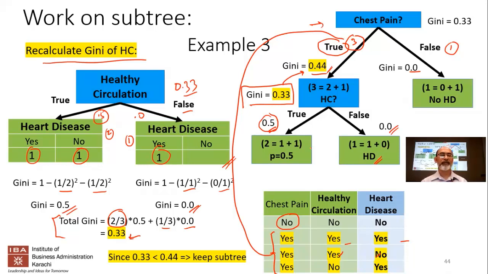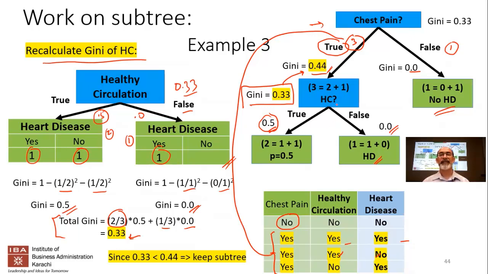So when will we actually use this? The point is that, let's take a look at the full results and then get back to your question. So basically what we're saying is that over here, we started with chest pain. And if there was no chest pain, then it's 100% clear there's no heart disease. If there is chest pain, now it depends further whether the person has healthy circulation or not.